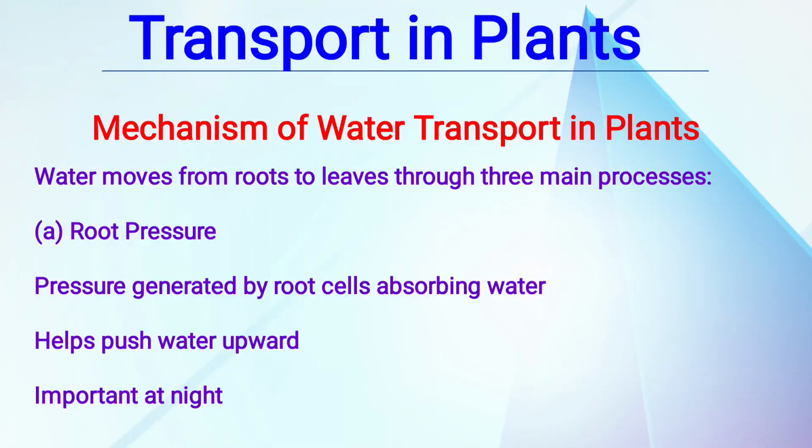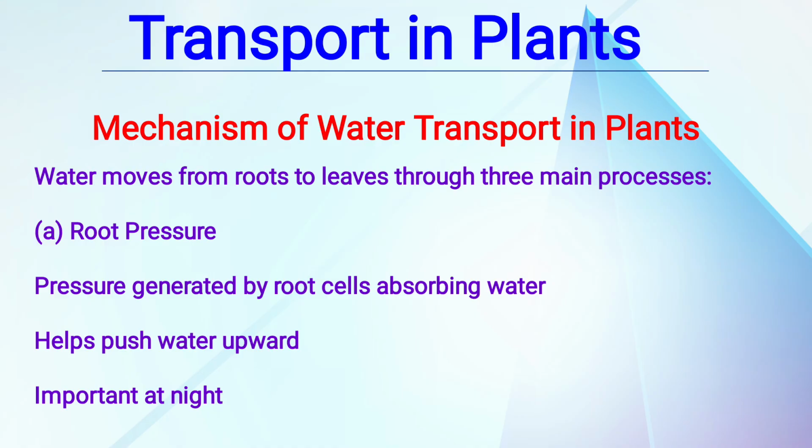Okay, let's continue. Now, what are the mechanisms of water transport in plants? Water moves from root to leaf through three main processes.